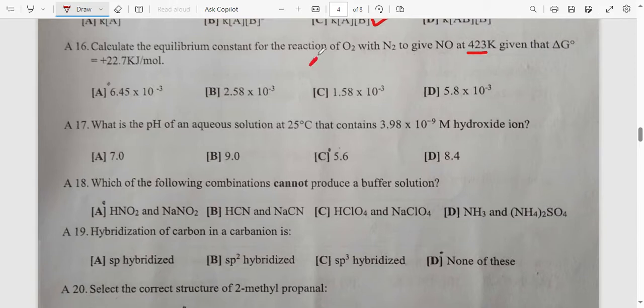Okay. Delta G, the free energy, is given by negative RT natural log of K. So delta G is given there, which is 22, and this is going to be equal to negative R, the universal gas constant, which should be given in the question.